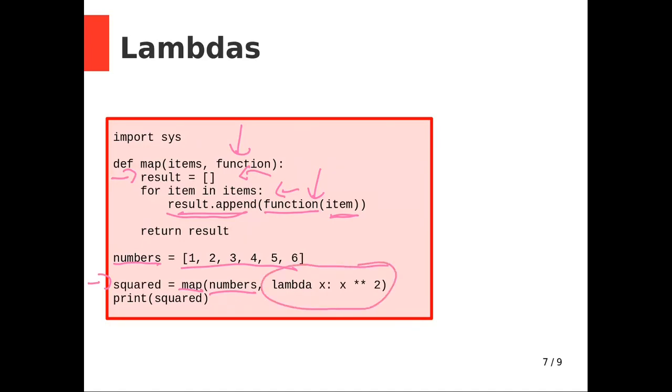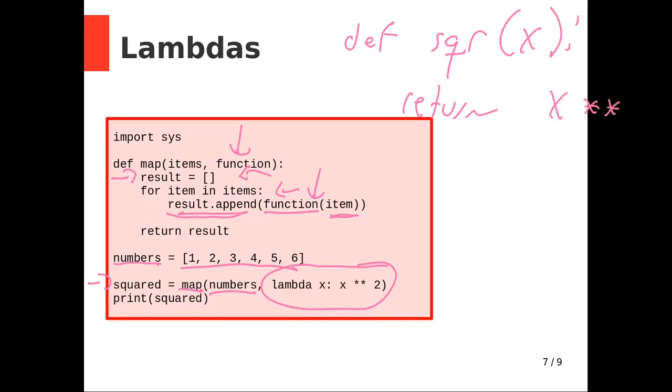Well, that's a lambda. I could have defined, like I said before, def sqr(x): return x squared, right? And then instead of this lambda, I could have just written square, and that would have worked.